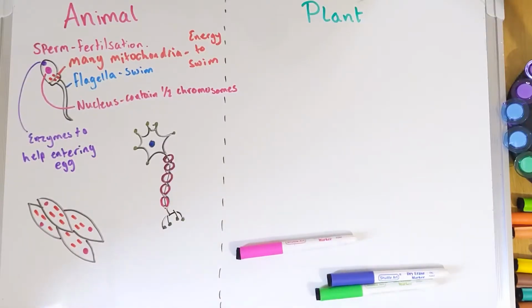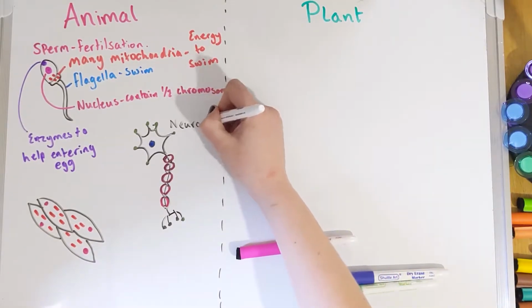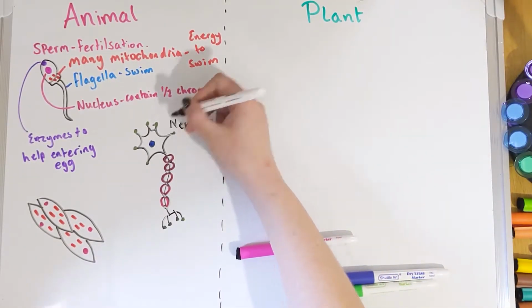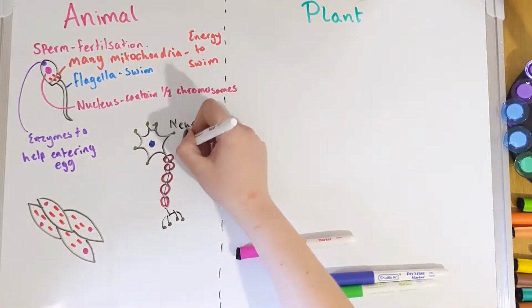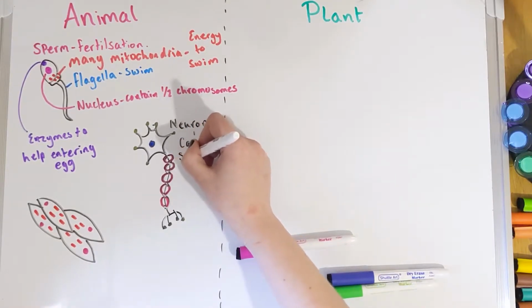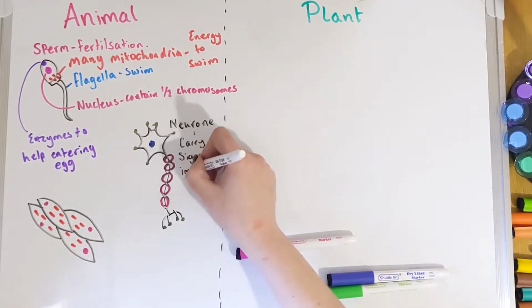On to our next cell now, which is this one, a neuron or a nerve cell. Neurons' functions are to relay messages, impulses throughout your body. Main features that make these cells different is, first of all, they're a very strange shape.